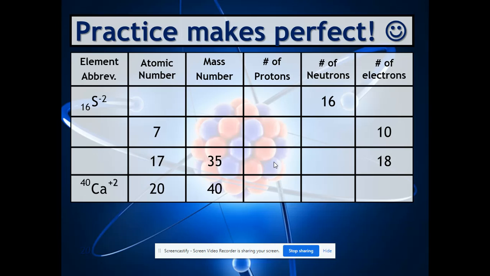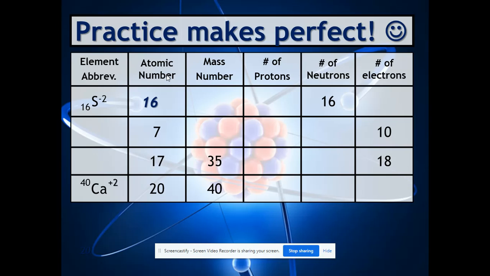All right. So when we look at a table like this, kind of similar to the one that we had before, everything is pretty much the same. The only thing that is changed now is this abbreviation that we have to work with over here. So for this here, I'm looking at sulfur, right? And if I look on my periodic table, I can see that the atomic number for sulfur is 16.